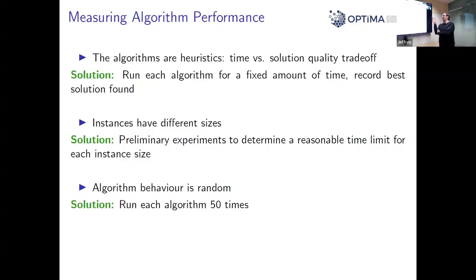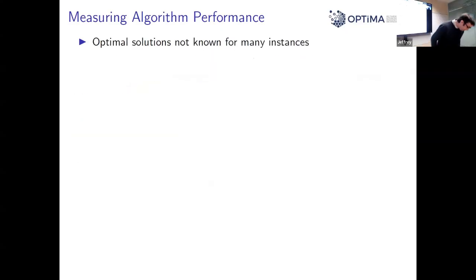So these were all fairly simple problems to deal with. Like with the features, I've saved the nasty one till last. For many of our instances, we don't know what the optimal solution is. Even for some of the instances in QAPLIB, the optimal solution is just not known. And for the instances which we've generated with a generator, we have no real way to know about those either.